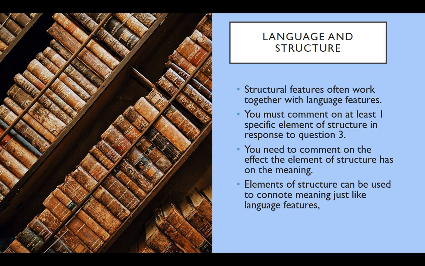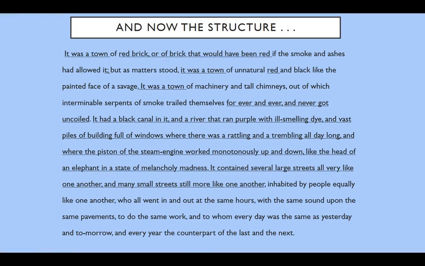Elements of structure can be used just as effectively to create connoted meaning, implied meaning, in the same way that language features can. So you have to use your inferential understanding with these structural features as well. And sometimes it's a bit harder with the structural features. So let's go back now and look at structural elements in the extract from Hard Times.